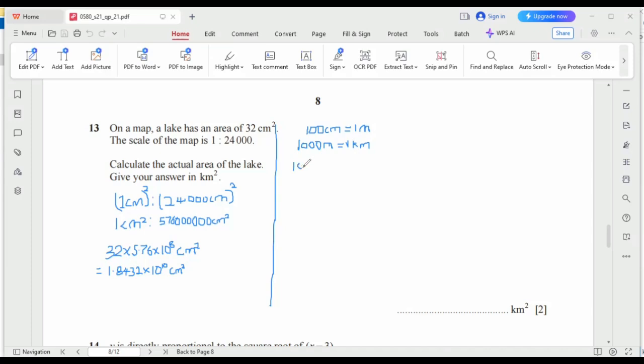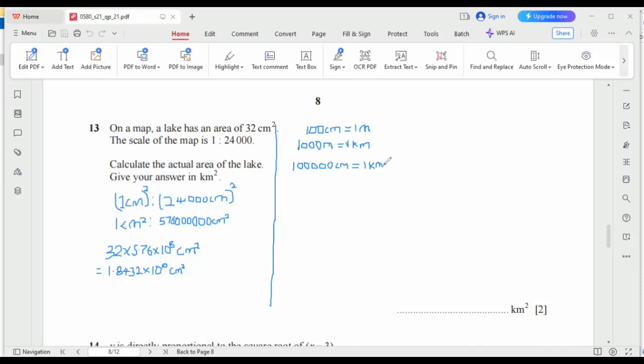So 100,000 centimeters makes 1 kilometer.